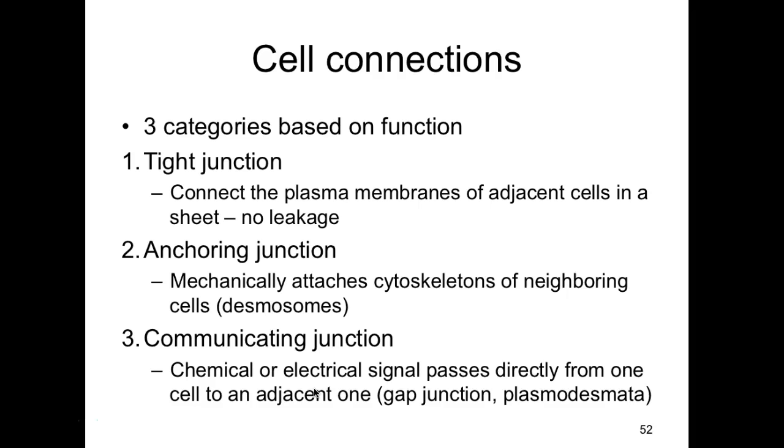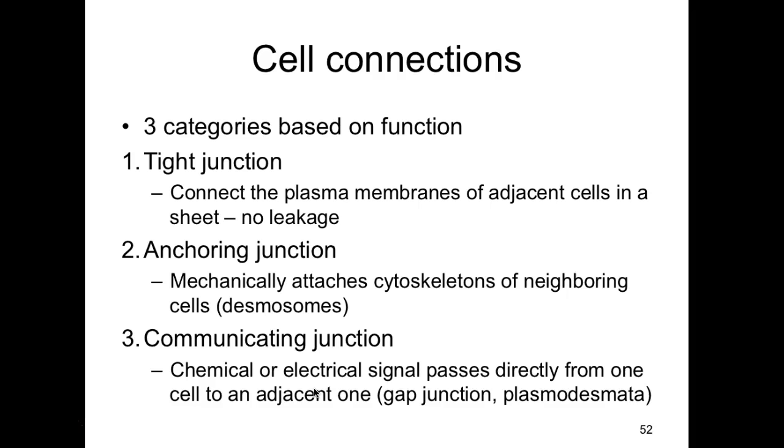You also have cell connectors. 3 categories of cell connectors based on function. You have those that are tight junctions, those that are anchoring junctions, and those that are communicating junctions. In a tight junction, you're going to connect the plasma membrane of adjacent cells in a sheet that has no leakage.